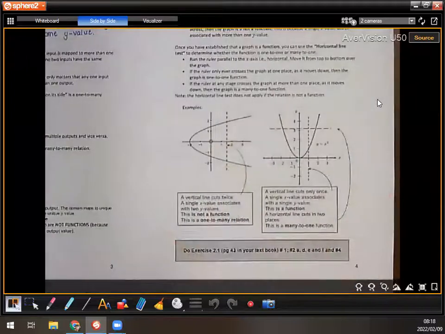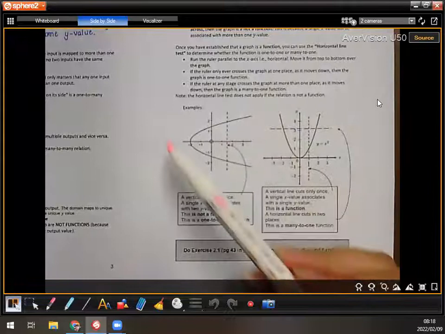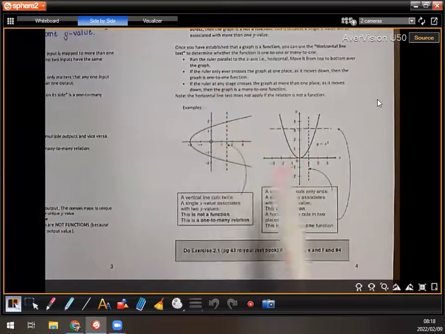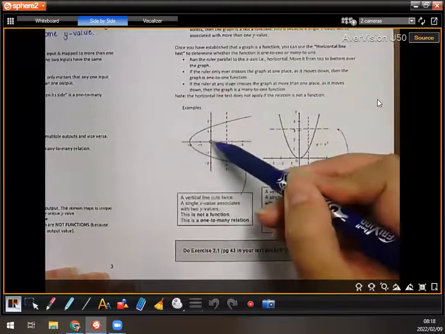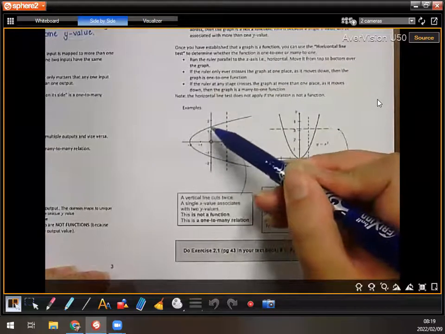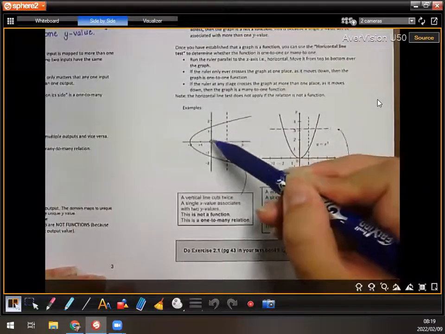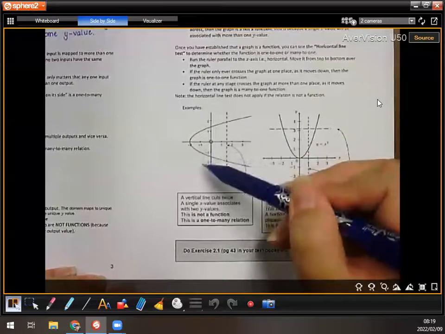Okay, now I want you to look at this diagram on the second half of the page. This is a parabola that's lying on its side, basically, which we haven't done yet. Okay, that's something new this year. We actually call this the inverse of a parabola, which is a big section that we add into functions this year. But this is what they're talking about, guys. So if we have an x value of 0, you see that that x value has two y values associated to it, right?